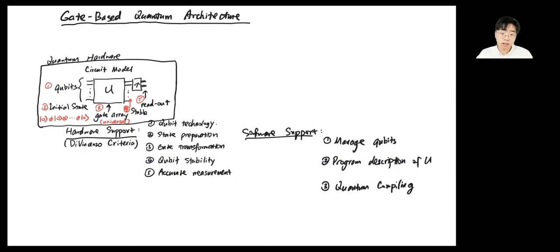This includes the optimization of the sequences of gates, as well as the process for generating quantum machine code for the underlying hardware. And fourth, we need some support for fault tolerance so that errors in the program can be detected and corrected.